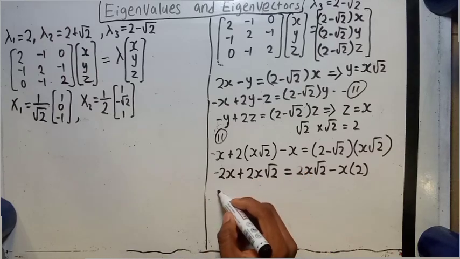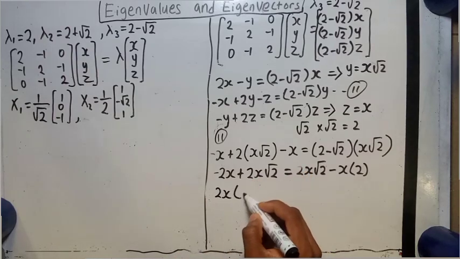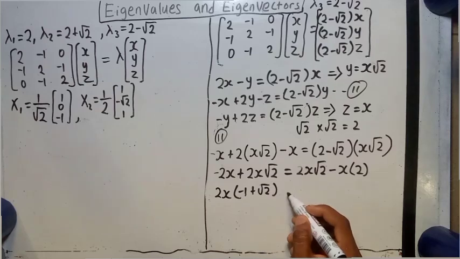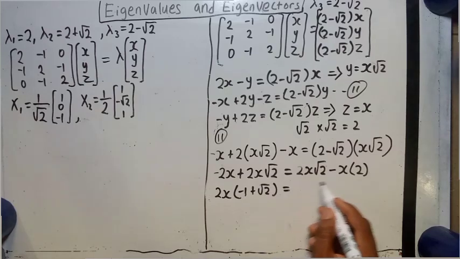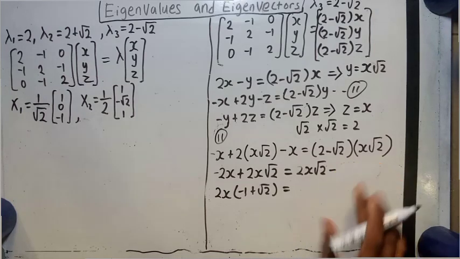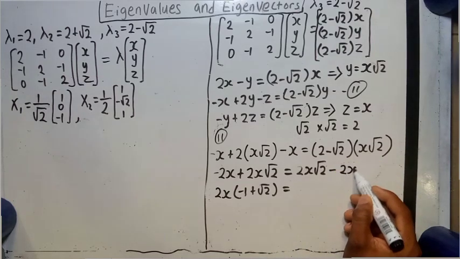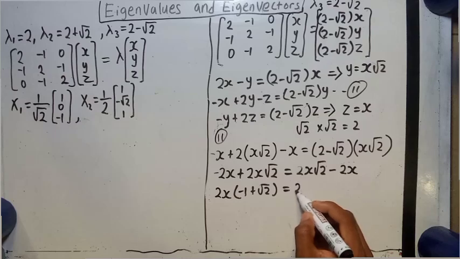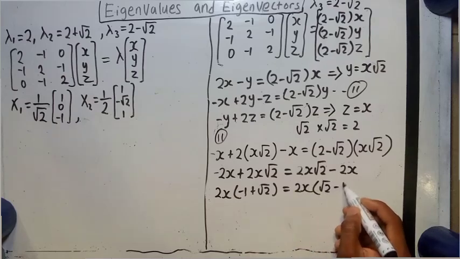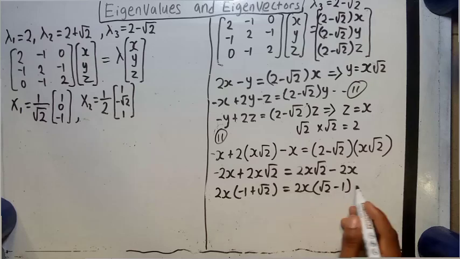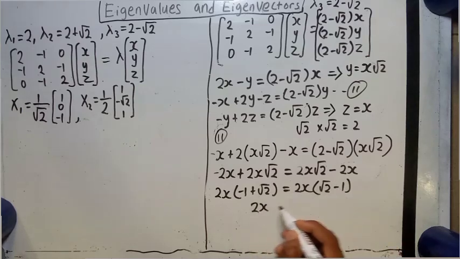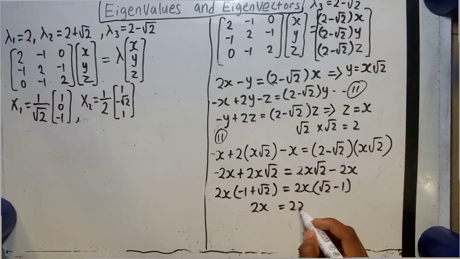2x is there. We can have 2x out, and we have minus 1 plus root 2, which is equal to, this can be written as 2x out again, we'll be having root 2 minus 1. Those two things are the same. So dividing both sides by this, these two are off. We are left with 2x and 2x.